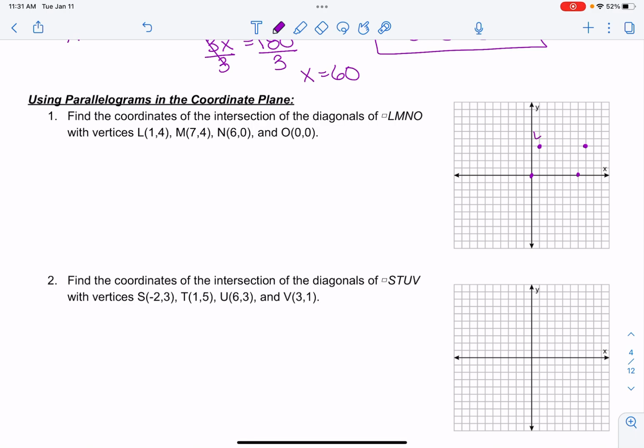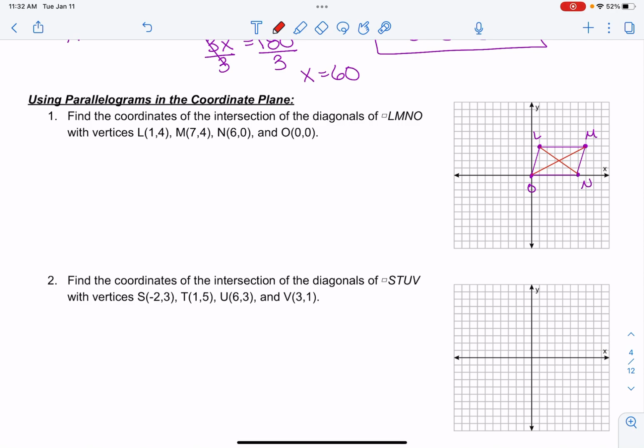So you have L, M, N, and O. And then we connect those points to form our parallelogram. And then it asks us for the coordinates of the intersection of the diagonals. So the diagonals would be from L to N and O to M.